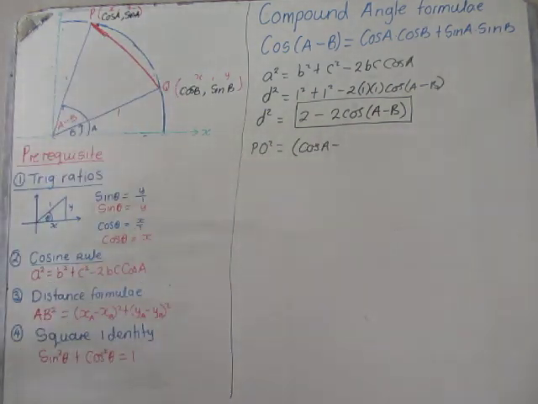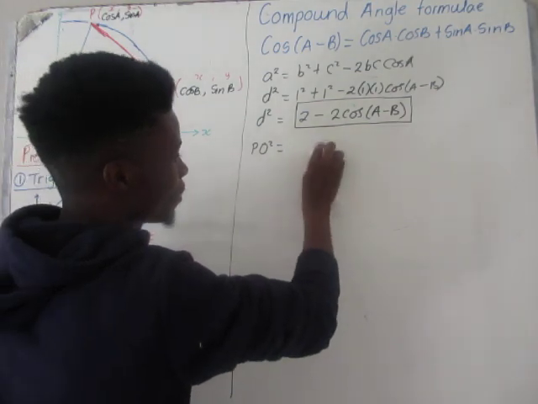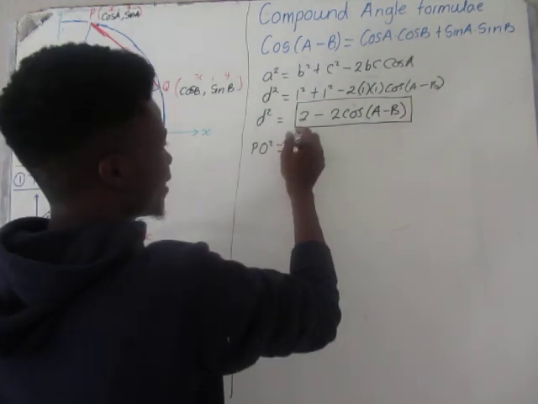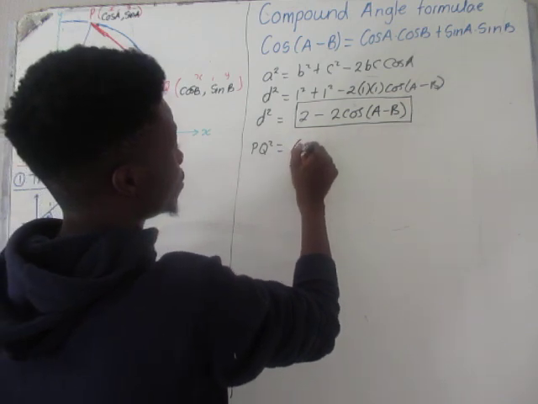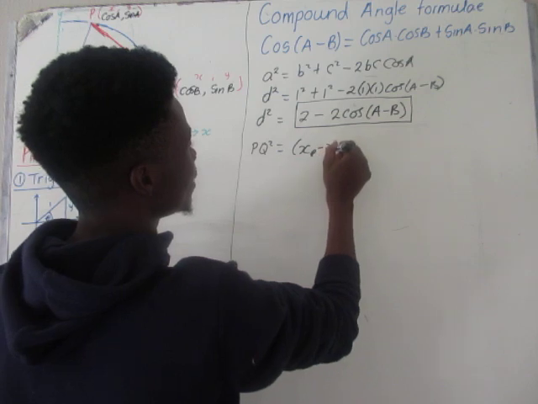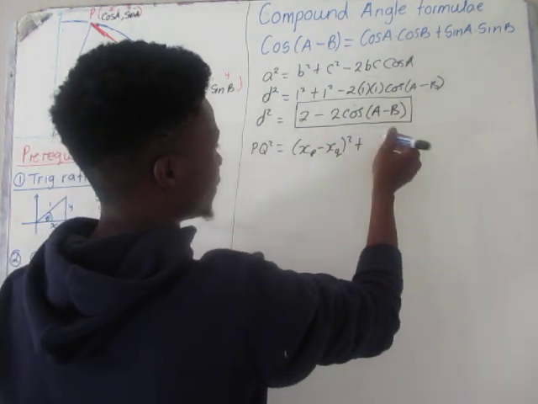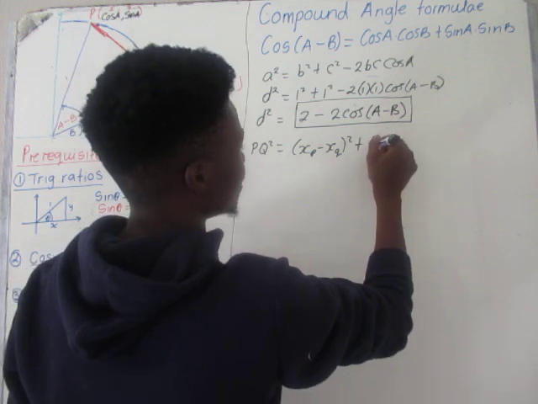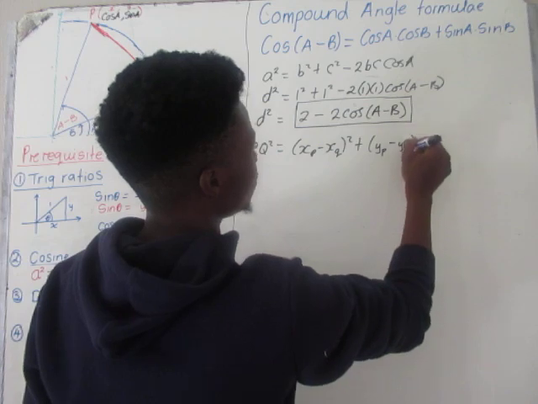Let me just write it first in this way so that maybe you can get the idea of what's really happening. PQ squared is the x coordinate at P minus the x coordinate at Q, close squared, plus the y coordinate at P minus the y coordinate at Q, close squared.